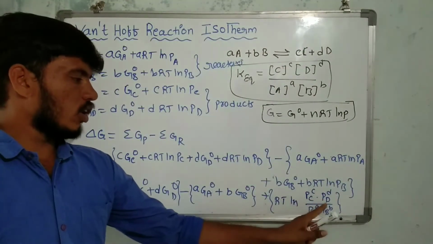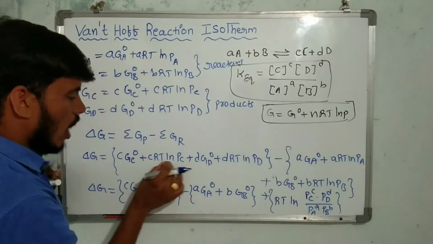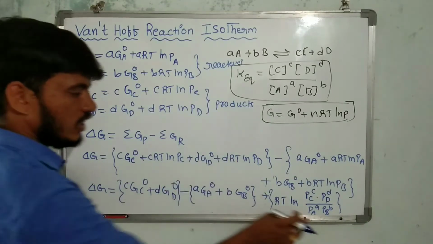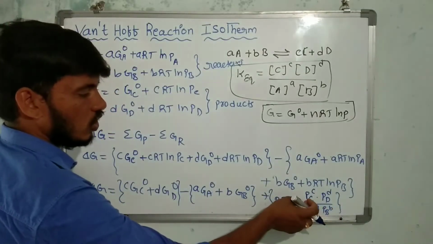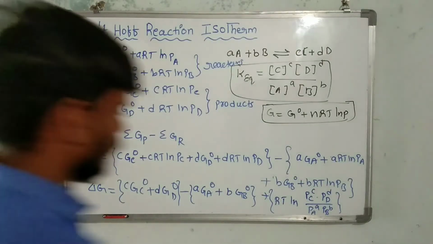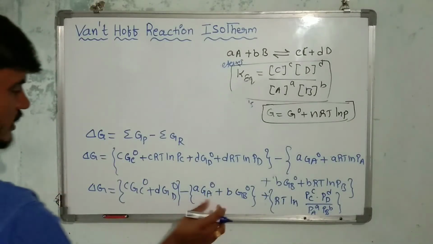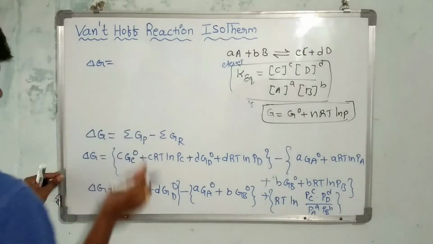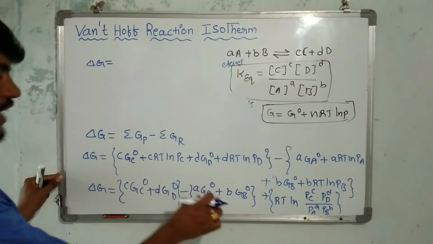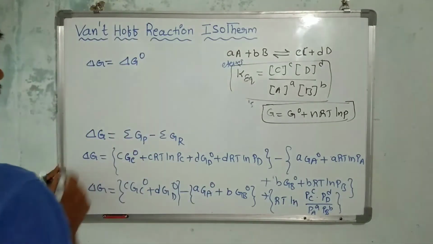Therefore RT ln of P_C power of C, because these are the products and these are the reactants: products minus reactants. Now RT ln is common, therefore P_C power of C, P_D power of D over P_A power of A, P_B power of B. The standard Gibbs free energy of products minus that of reactants is called delta G naught.